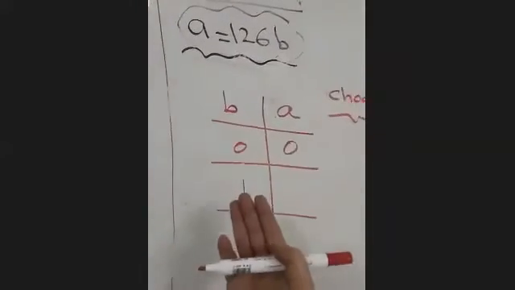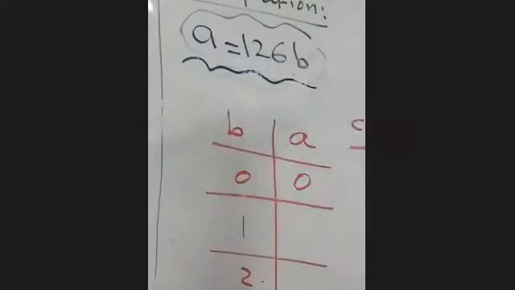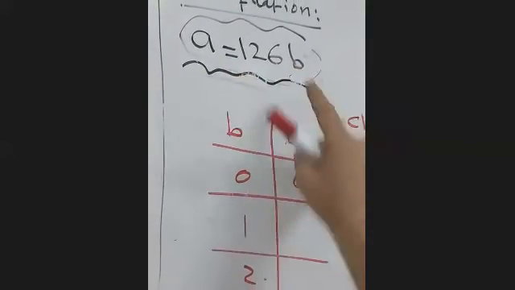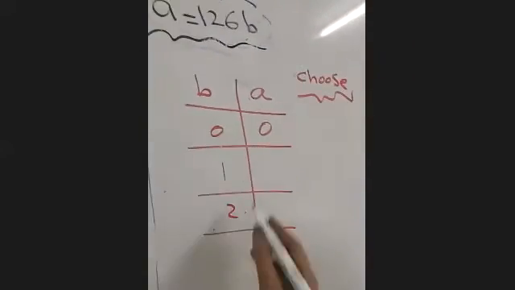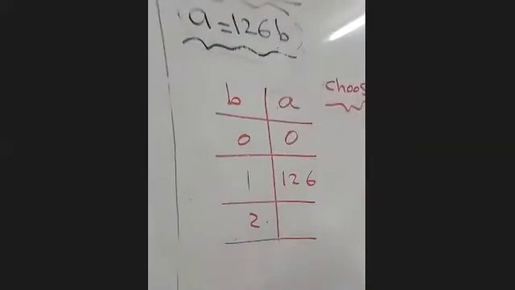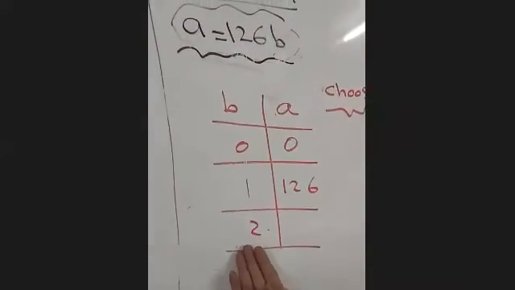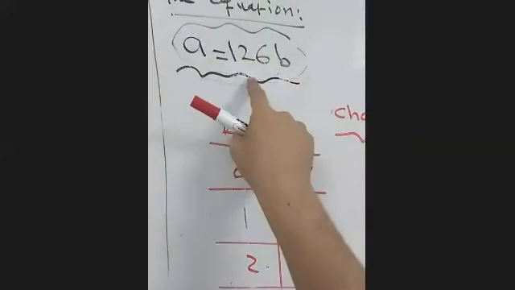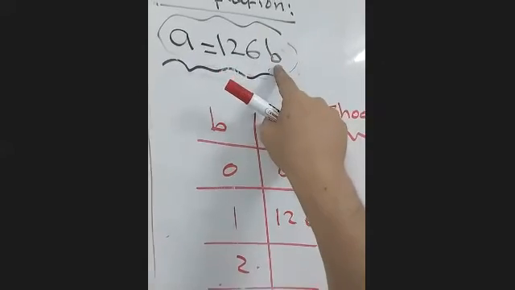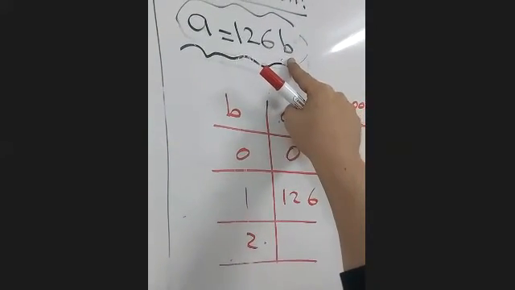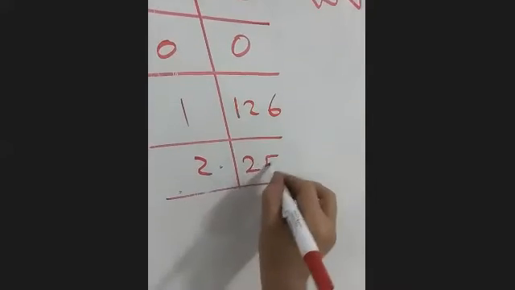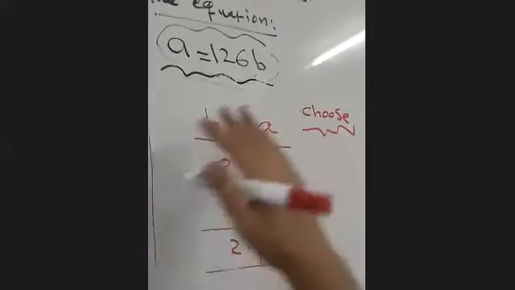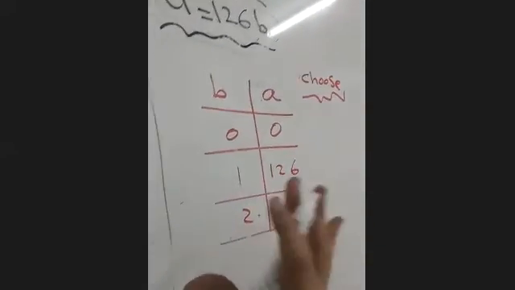Now I will do the same for the 1. I will replace the B by the 1. 126 multiply 1. How much? 126. Now I'll do the same for the 2. Replace B by 2. 126 multiply 2. Do you know? 252. Exactly. Now I have the table. I filled the table already. Now I'm ready to do what?